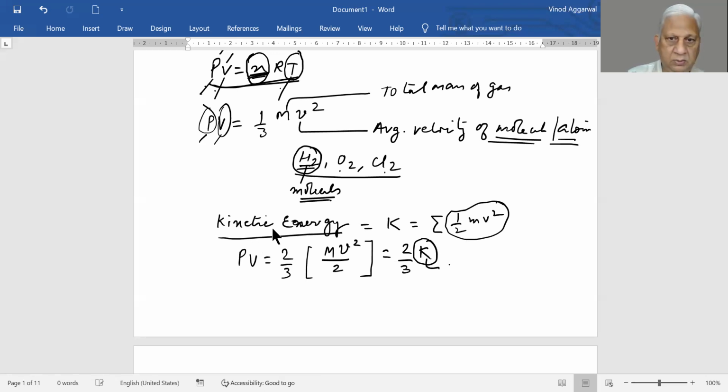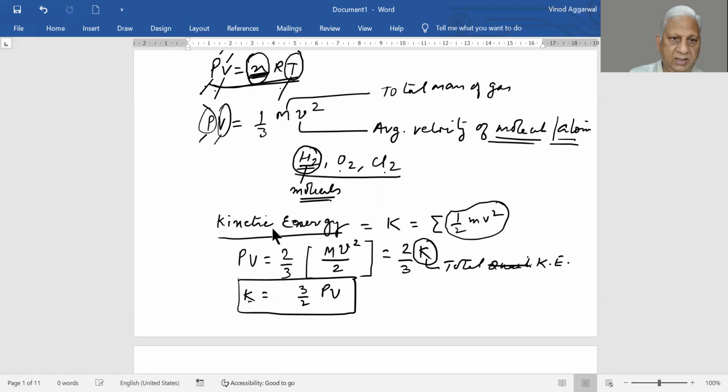K is total kinetic energy. Or we can write K as 3/2 PV. Total kinetic energy, this is pressure, this is volume.